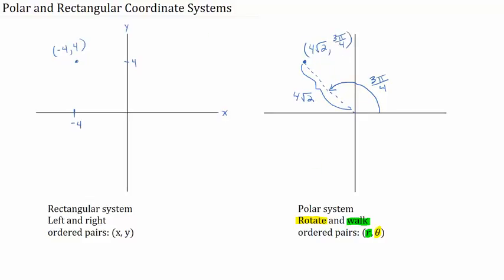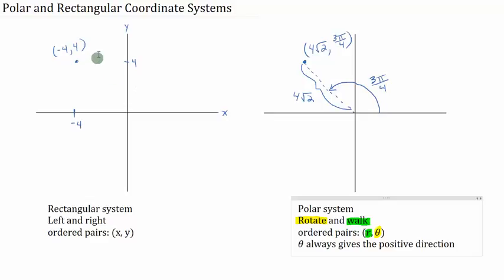Now one thing to keep in mind when you do this is I personally like to use my theta first, and that's the second coordinate. Your rotation is important, okay? Now, the theta value, theta always gives the positive direction.